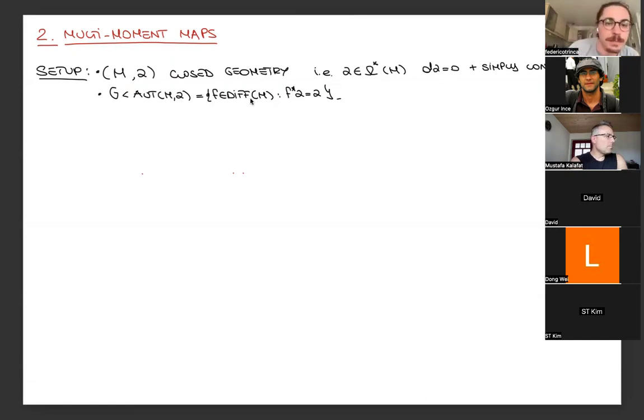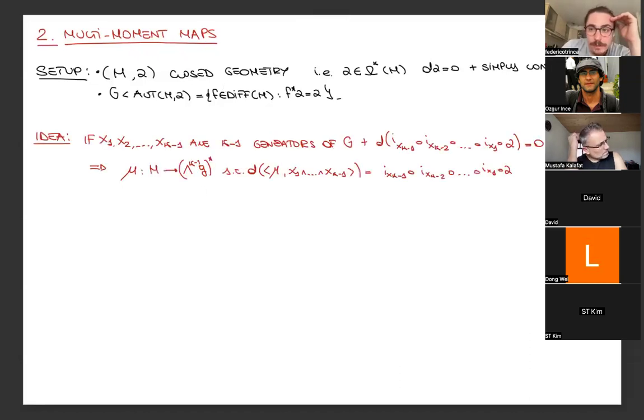It's just the same setup for any generic α instead of a symplectic form. Now, the idea would be, instead of plugging in one vector, one generator of my Lie group action, I want to plug in k minus one of them.